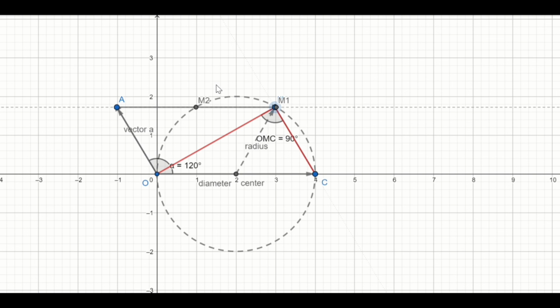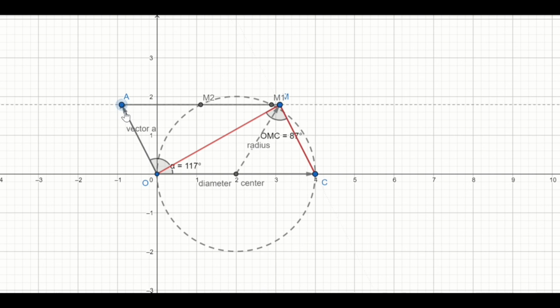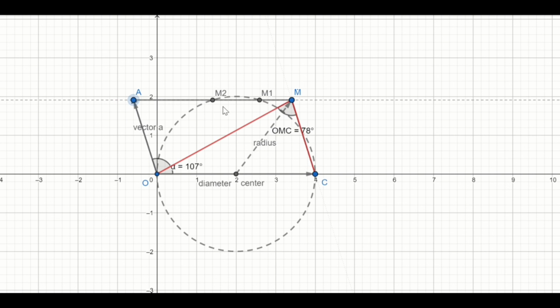So for each alpha angle between 60 degrees to 120 degrees, not including 90 degrees, there are two positions of point M where angle OMC is 90 degrees.